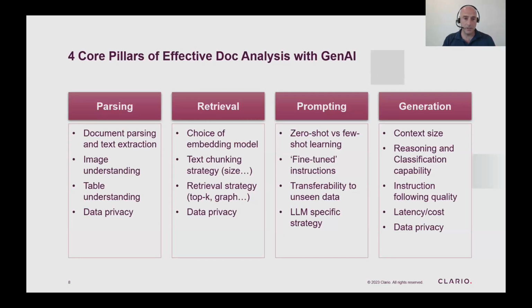You always have to consider data privacy as part of that process as well. So choosing the solutions, the technology, the frameworks to do that parsing requires an experimental process for your use case to do this effectively.